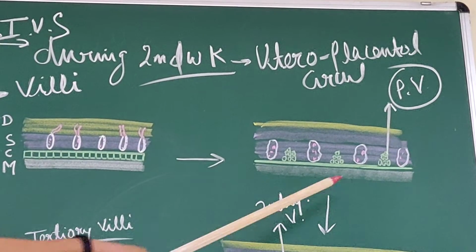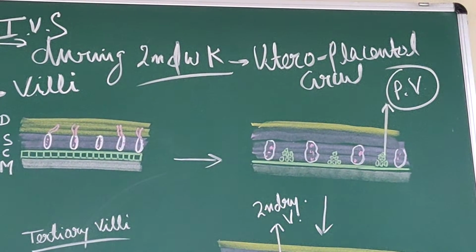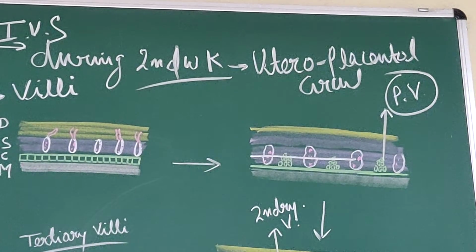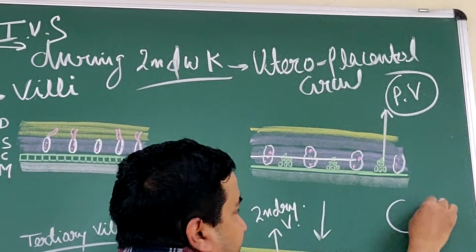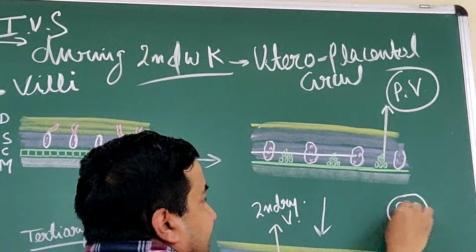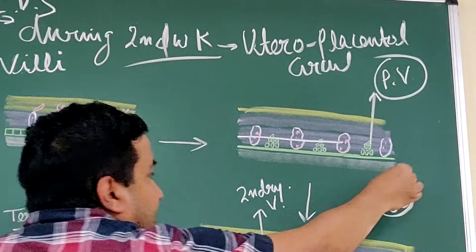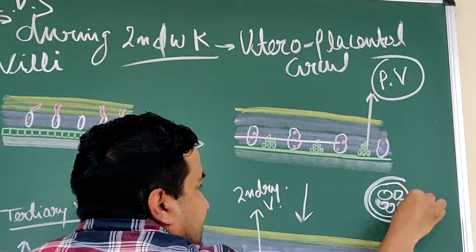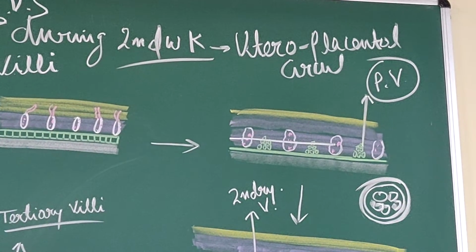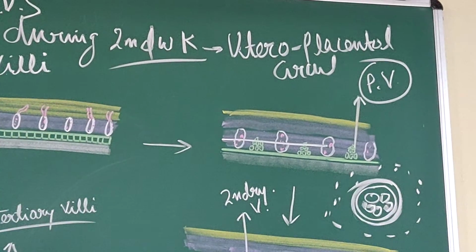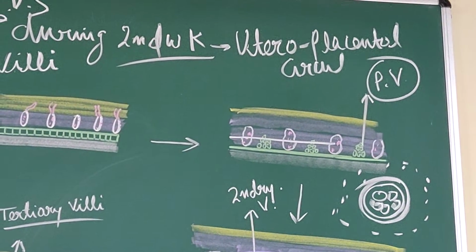It is the primary villi. It has two layers. If you cut this section, the inner layer is the cytotrophoblast, outer is the syncytiotrophoblast, and outside it is the intervillous space, the maternal blood space.